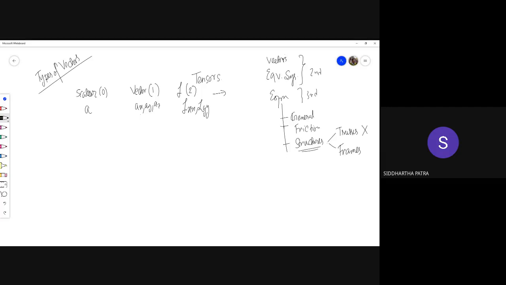Now, there may be quantities, for example moments of inertia, which are written like this: ixx, iyy, izz, ixy, ixz, iyz, iyx, izx, izy.